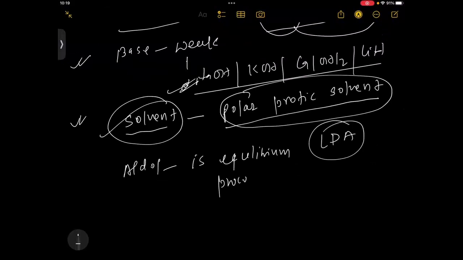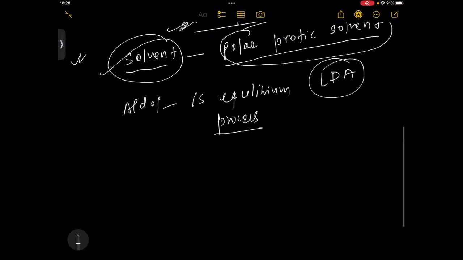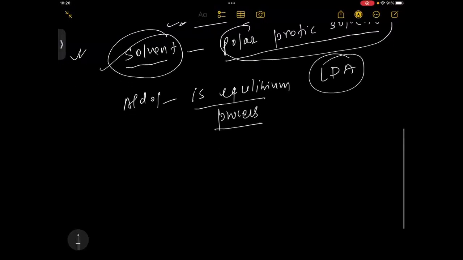Whenever you take a polar protic solvent with the carbonyl compound, they always undergo an equilibrium process. It means when we take a strong base and a polar aprotic solvent, aldol will not be a reversible process. Understood what I'm telling you? The aldol is an equilibrium process.